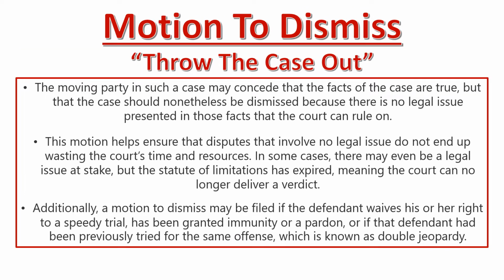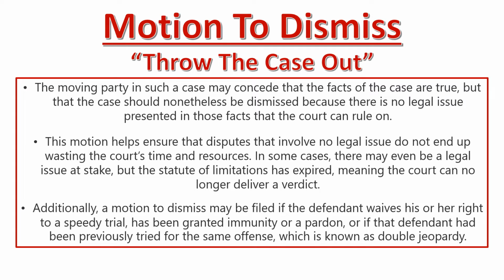Motion to dismiss, or what a lot of people like to refer to it as, throwing the case out. The moving party in such a case may concede the facts of the case are true, but argue that the case should not nonetheless proceed because there is no legal issue presented in those facts that the court can rule on. The motion helps to ensure that disputes that involve no legal issue do not end up wasting the court's time and resources.